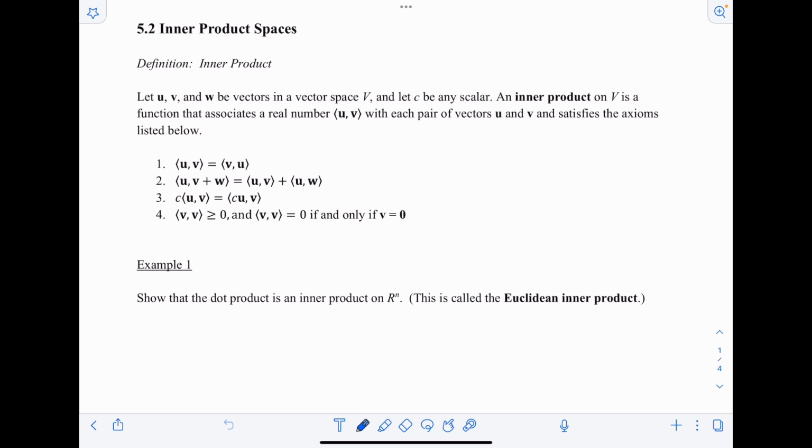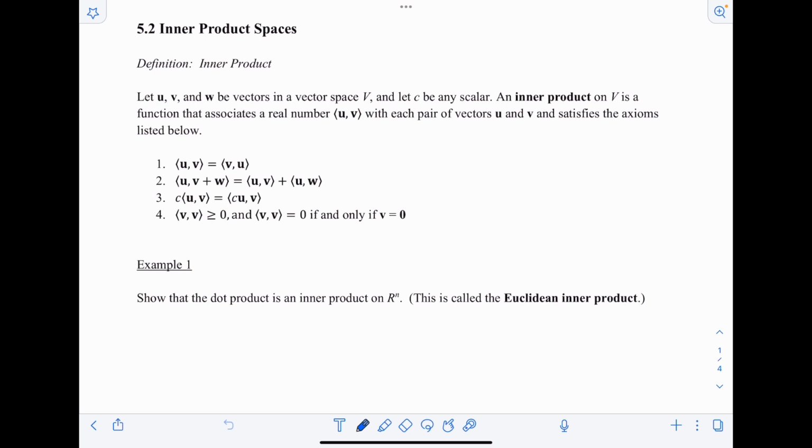An inner product space has an inner product. An inner product is simply an operation that we would perform on vectors within that vector space. And as long as performing that operation on those vectors maintains these 4 axioms, then it's an inner product.